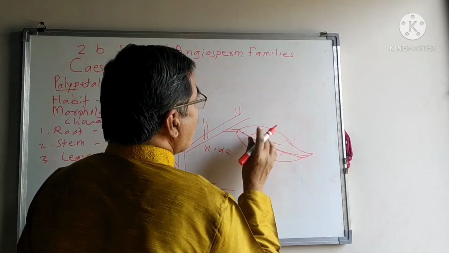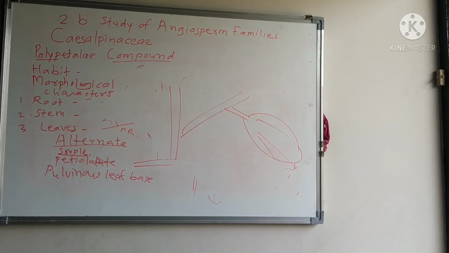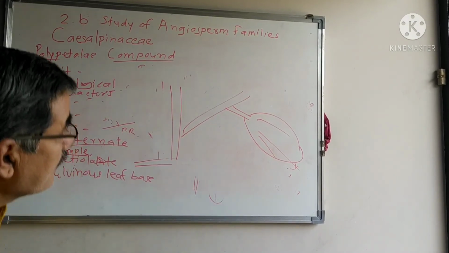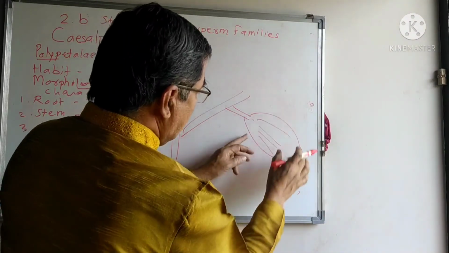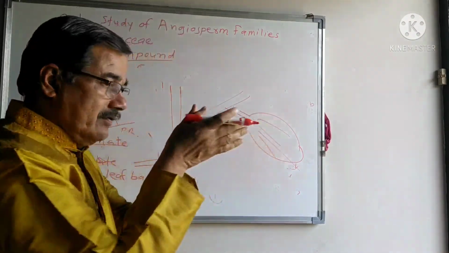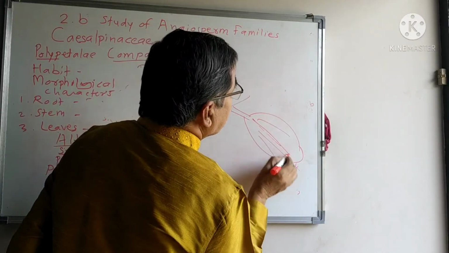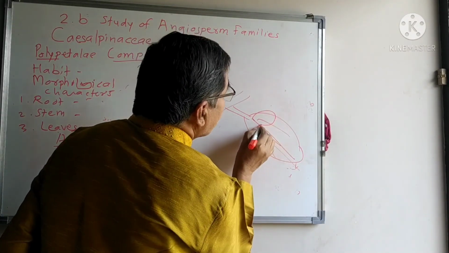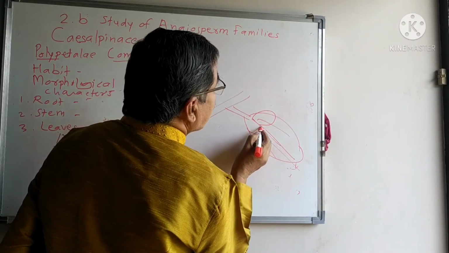The lamina of this leaf is divided. In this leaf, the lamina is divided by different incisions, and each incision reaches up to the midrib region.